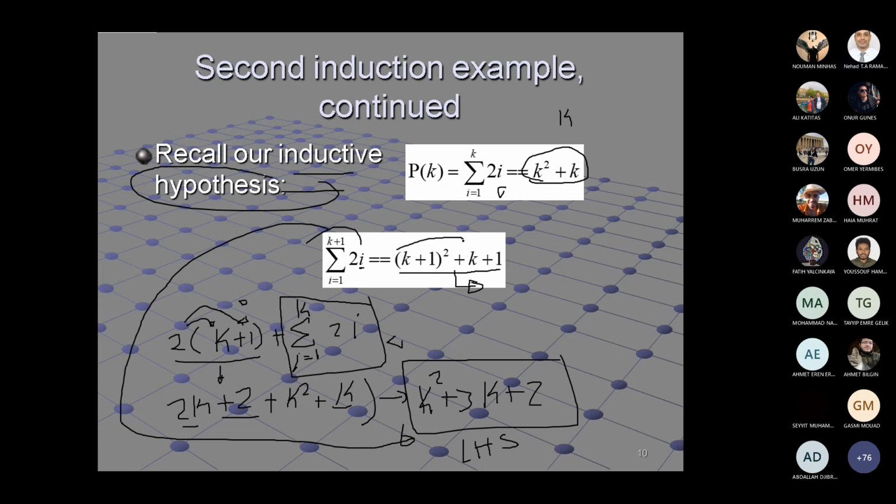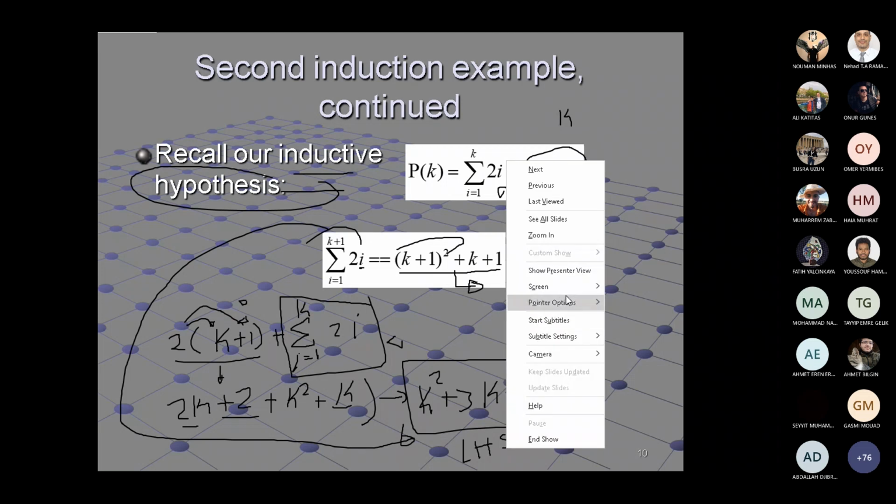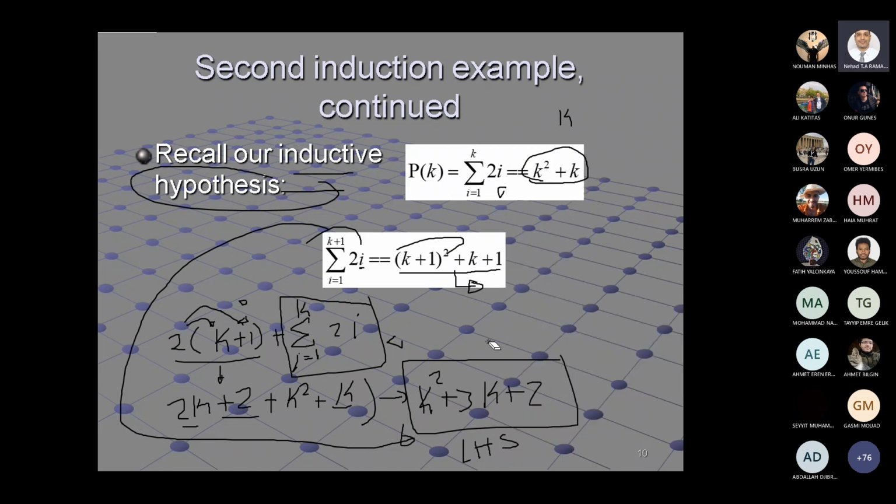What is its equivalent? k to the power 2 plus k multiplied by 1 multiplied by 2, which means plus 2k, plus 1 squared, which is 1.